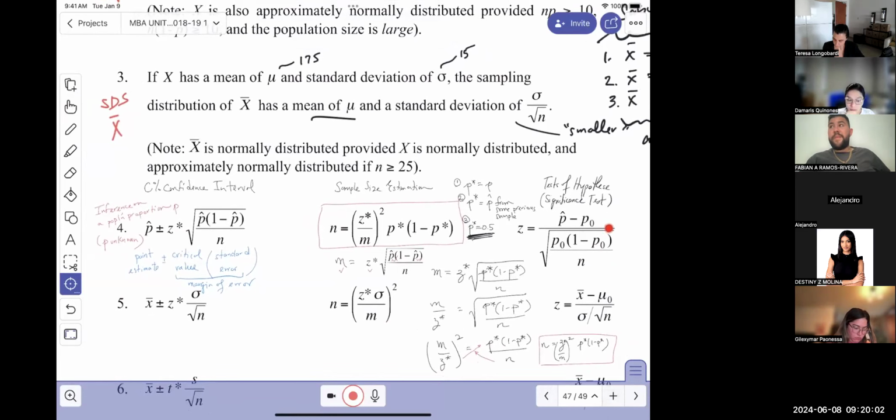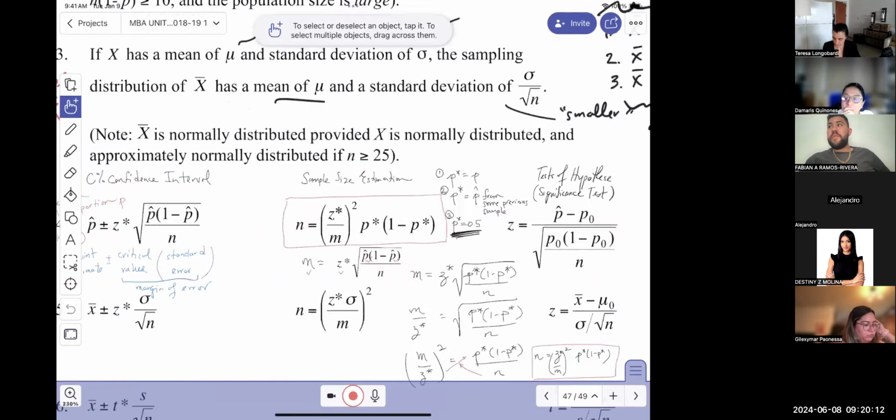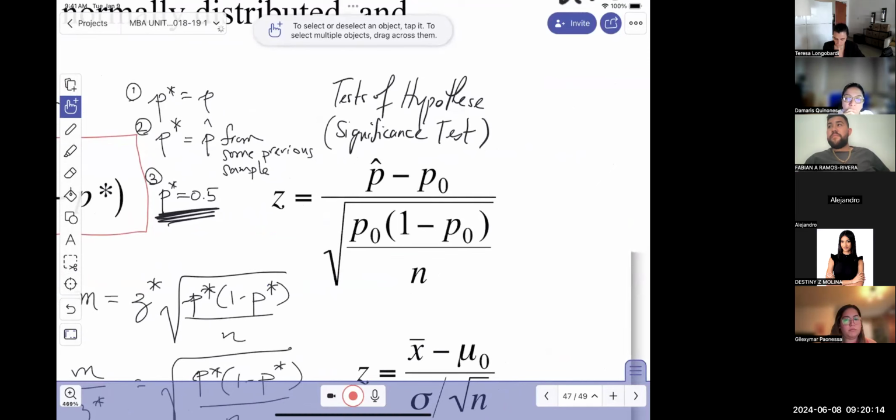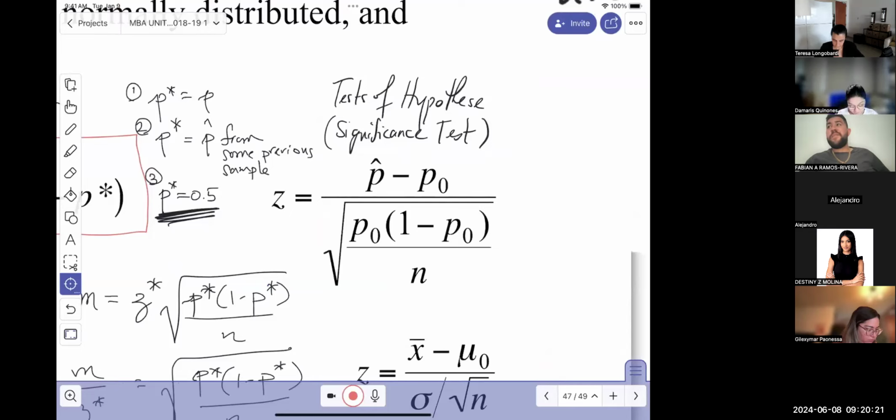So what am I doing here? What looks familiar here? What do you recognize in this formula here? What do you recognize? What do you recognize?